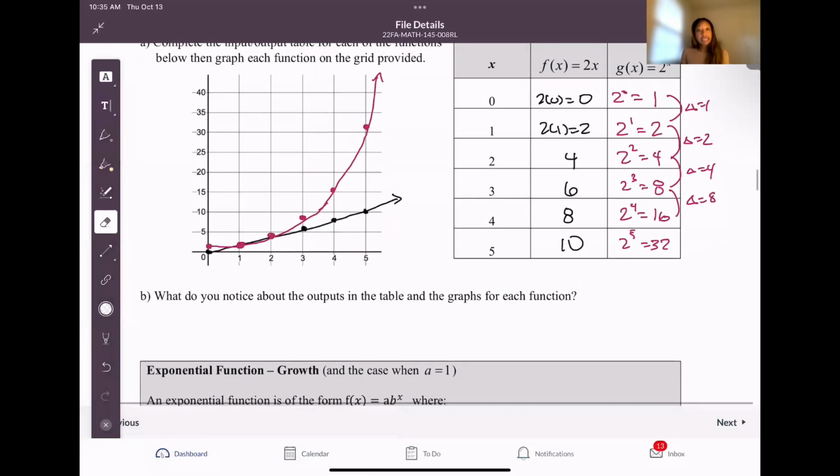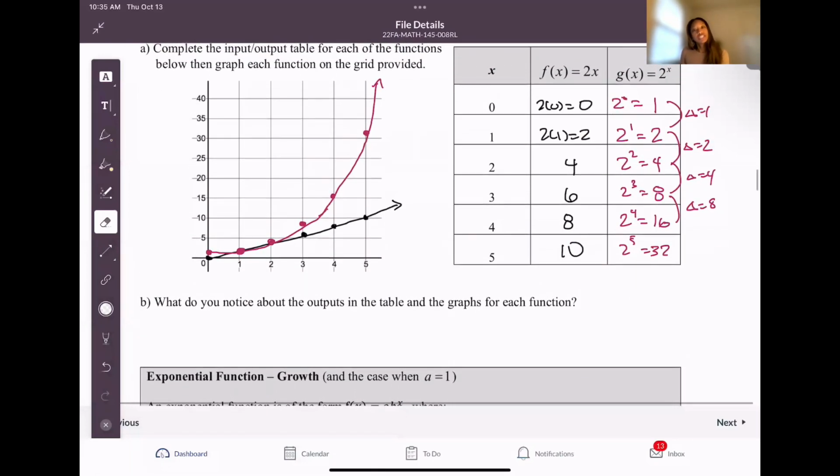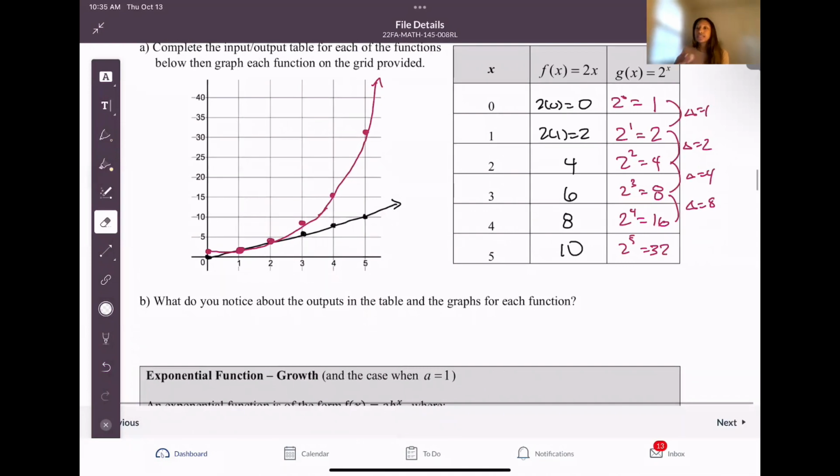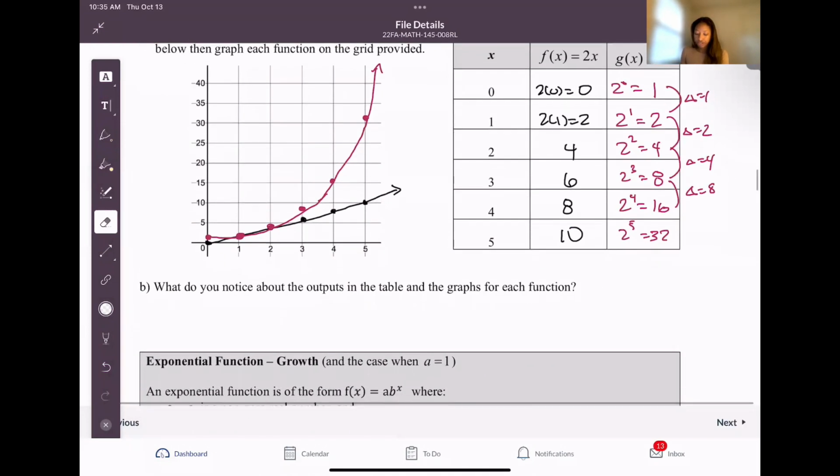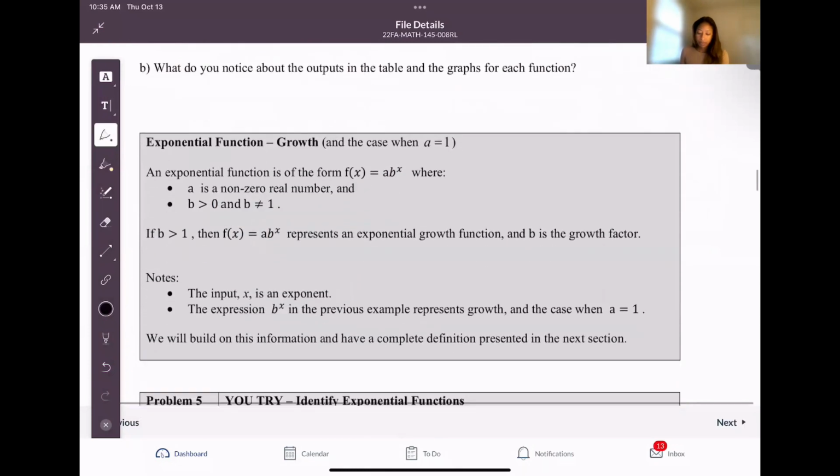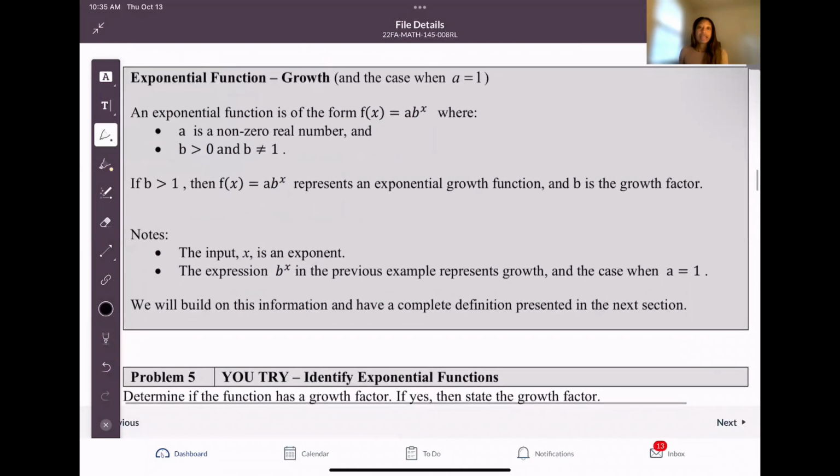All right, finally, we get to our formal definition of an exponential function. 2 to the x is an example of an exponential function. Formally speaking, an exponential growth function, this is the case when a is equal to 1, is of the form f of x equals a times b to the x. A can be any non-zero number. So, 2, 5, 6, 9, 10. And then the exponential part is the b to the x part.